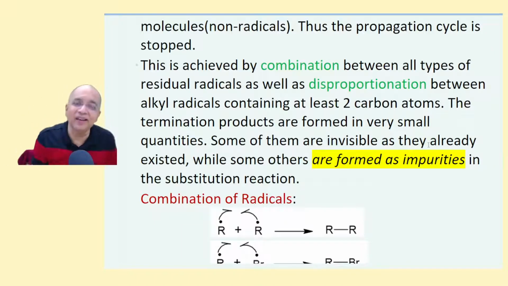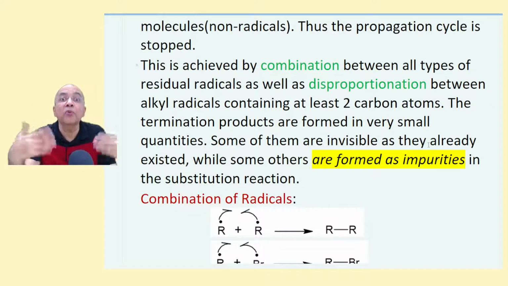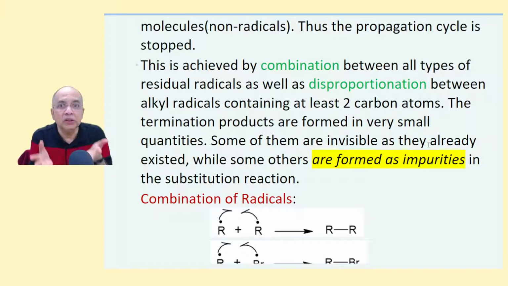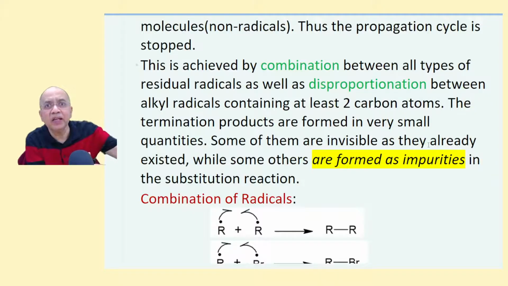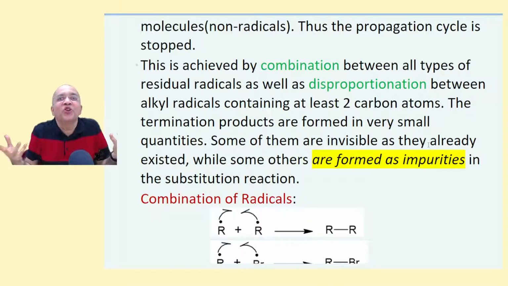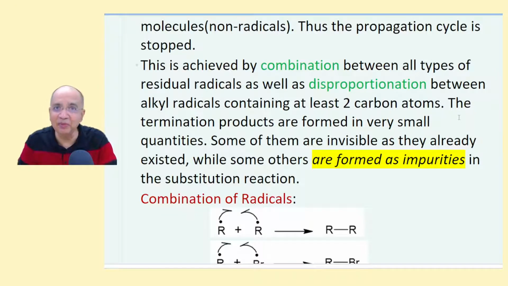They will still be produced in trace quantities in this step. But other products will surprise you. How is this product formed, however small the quantity? While the reactant is this, how can the product be this? You will be astonished. But yes, it is being formed, and this is explained by the free radical mechanism.